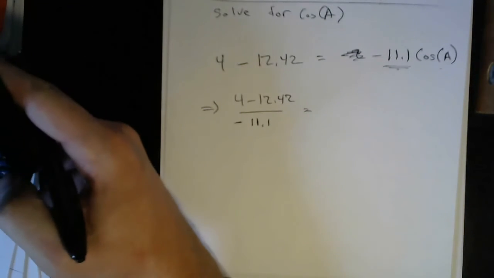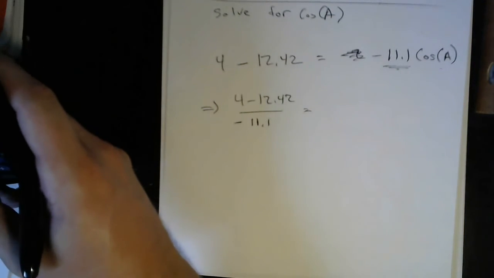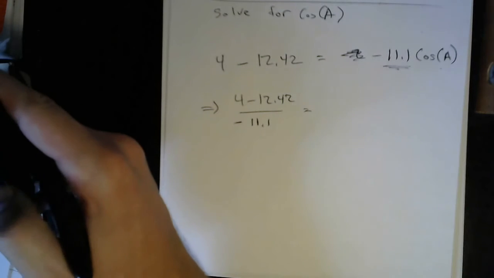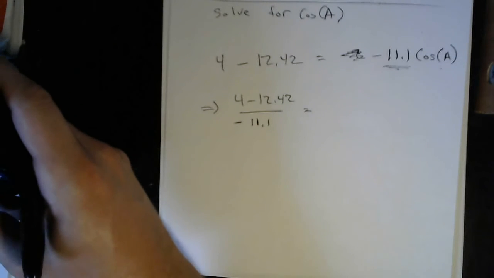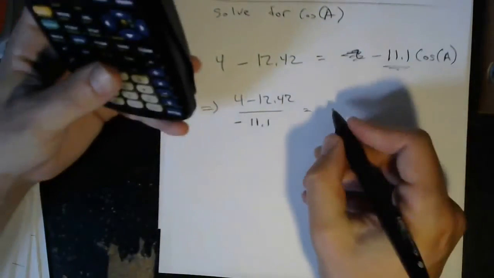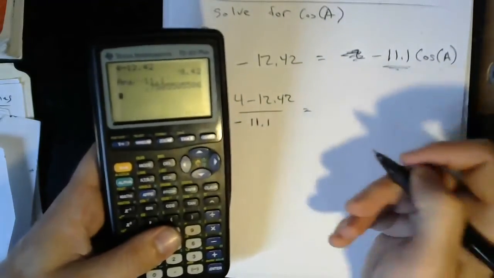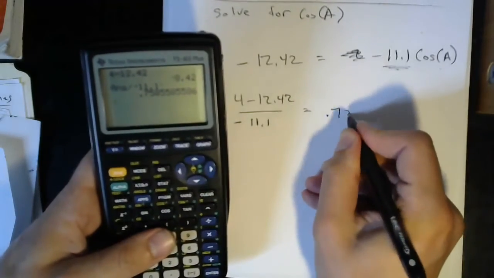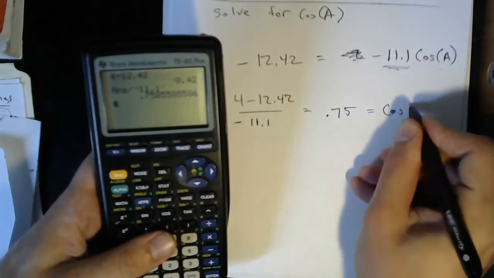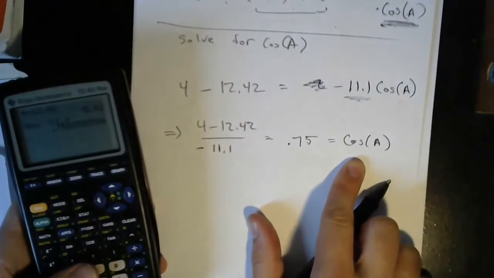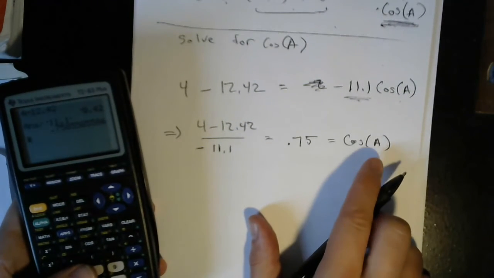So I'll use a calculator for that. 4 minus 12.42 divided by negative 11.1. And so I have this number in memory here. It's about 0.75. So this is 0.75, which is cosine of A. And then we've got cosine by itself. We want to get A by itself now.